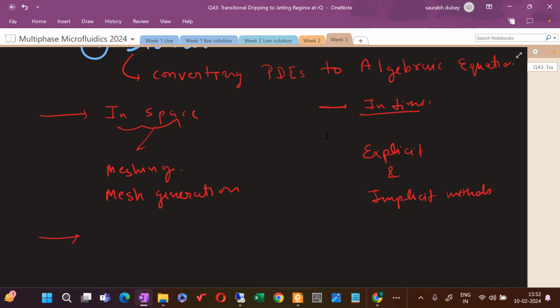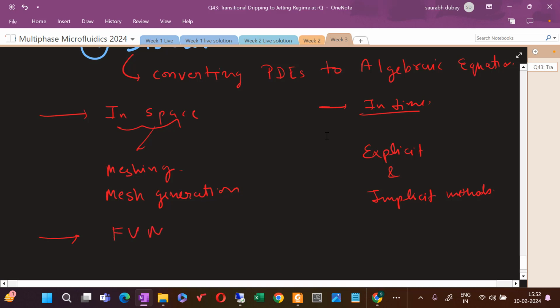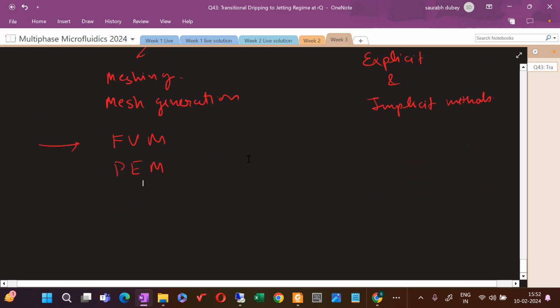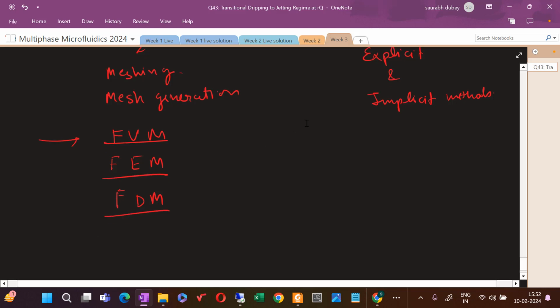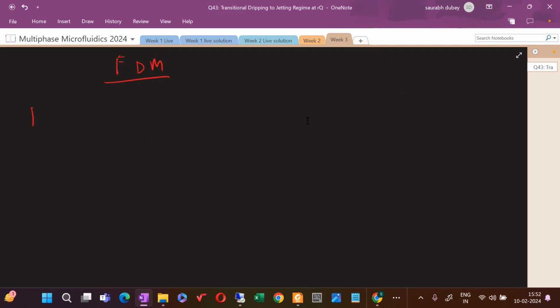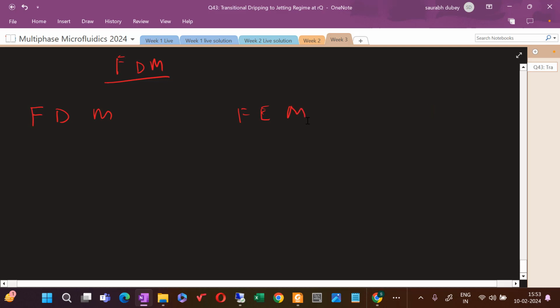Different discretization methods are there, like the finite volume method, finite element method, and finite difference method. I will be telling you a bit about these.